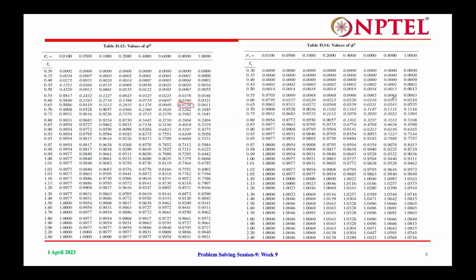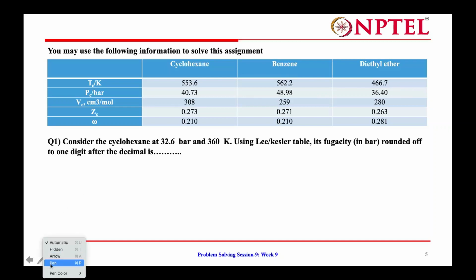And phi1 is 0.0543. So phi is equal to 0.0738 into 0.0543 raised to the power 0.210, which gives about 0.04.